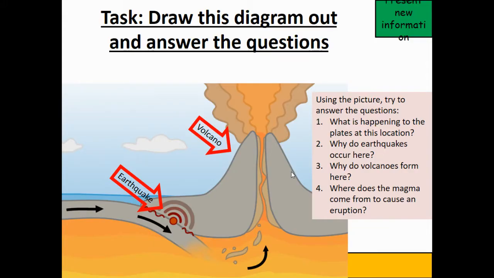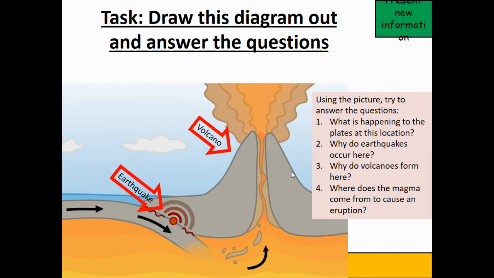Right, so this is a destructive plate boundary. These are the ones that I like most. I find these ones exciting and interesting. These are the ones with the lava that I like to look at.